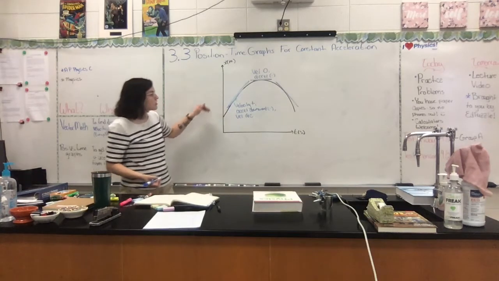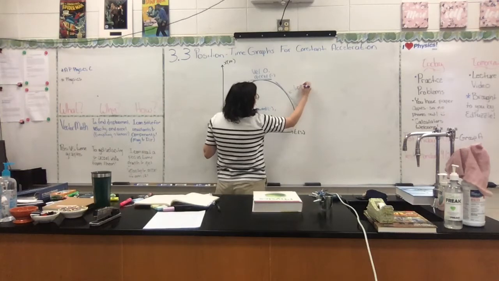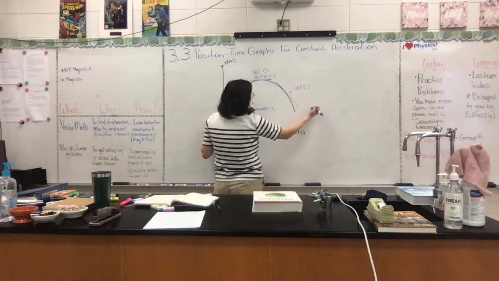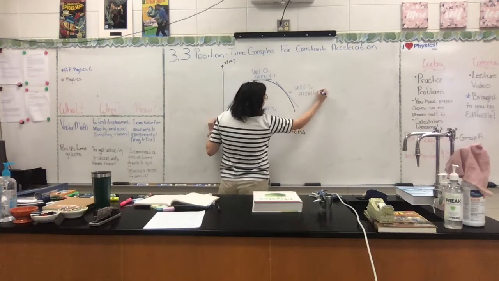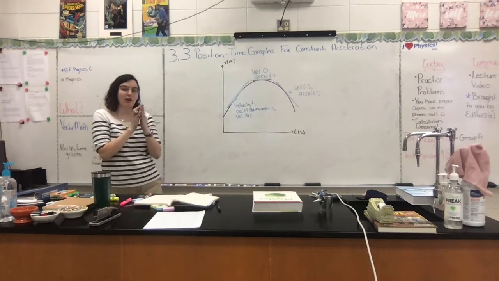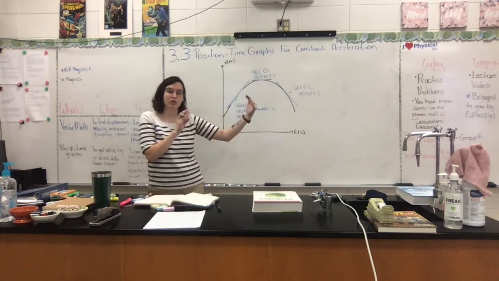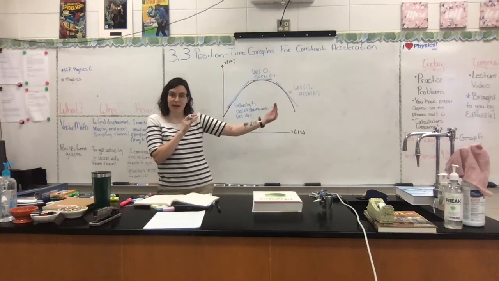So if our slope is now negative, that's going to mean that our velocity is negative, but our acceleration is also negative. So remember how we said that if our acceleration is acting in the same direction as our motion or velocity, that is going to mean that it's speeding up now, right?